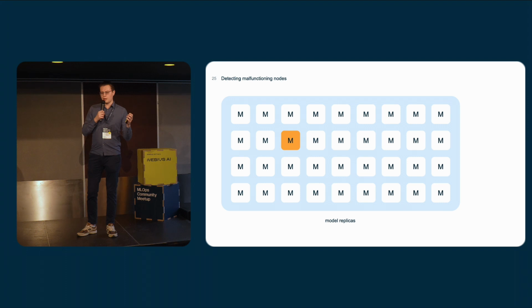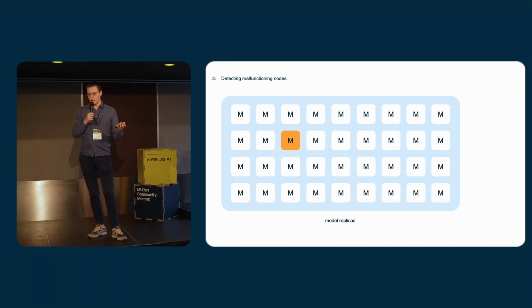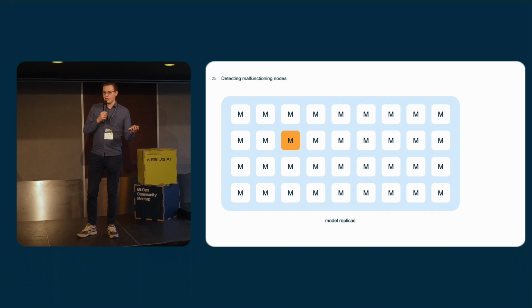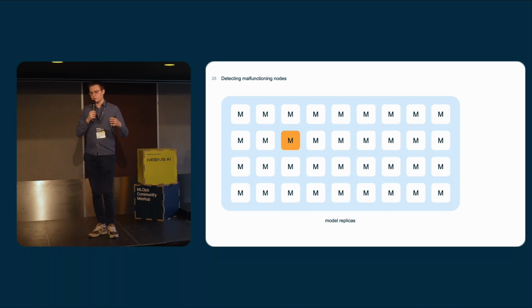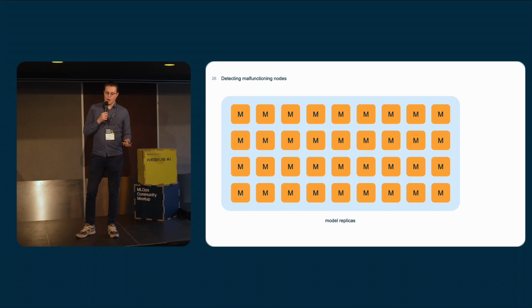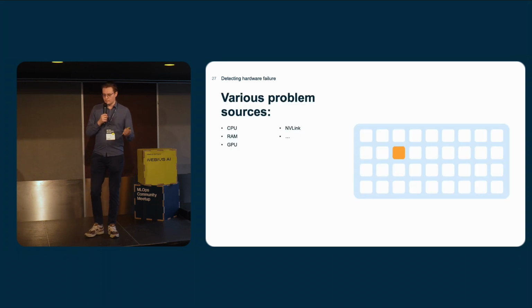So if any worker is slower than the others, then all workers have to wait for it. And in our case, if one node is underperforming, then for us, all nodes seem to underperform.